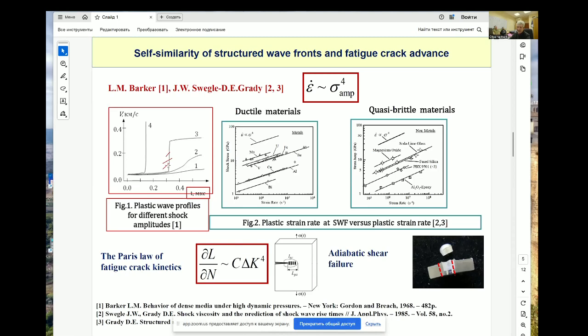What it means is that, like in the shock wave front, the universality of the shock wave front is a consequence of very strong collective behavior of numerous micro-shears, which gives namely this fourth-power law. A similar situation we have for the equation after Paris with this power law, which corresponds to the collective and very strong behavior of persistent slip bands in the area named the process zone.